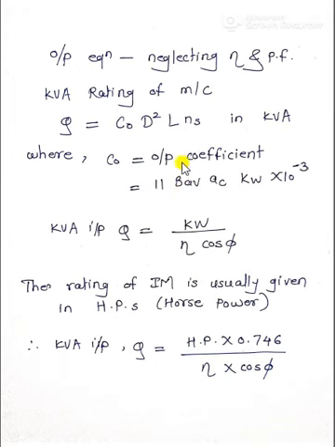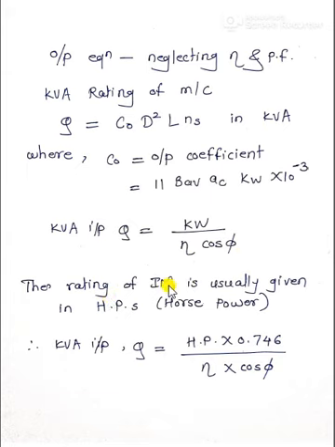C naught, output coefficient: here we are neglecting this efficiency and power factor term, so the C naught will be 11 B average ac kW into 10 raised to minus 3, but in the previous equation these two terms are multiplied here, right? So the kVA input: because of neglecting power factor and efficiency, we are getting an input, not an output equation. This is the kVA input, capital Q is equal to kilowatt upon efficiency into cos phi.